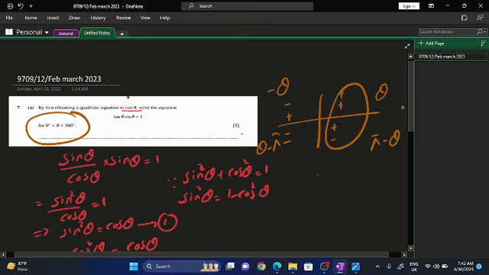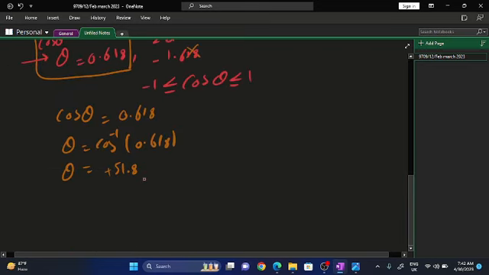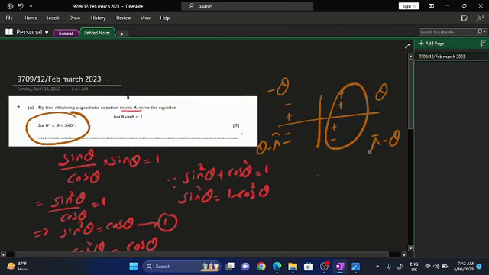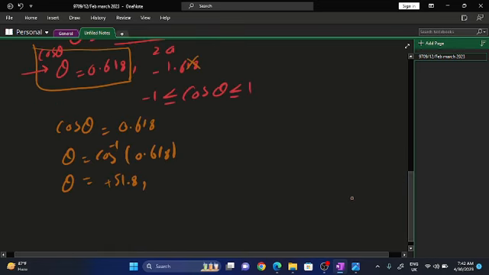I am in the first quadrant, so the first quadrant value remains the same, that is 51.8. So that is my first answer. If you go to the fourth quadrant, you do 2 pi minus theta. Pi value in degree form is 180, so 2 pi is 360.